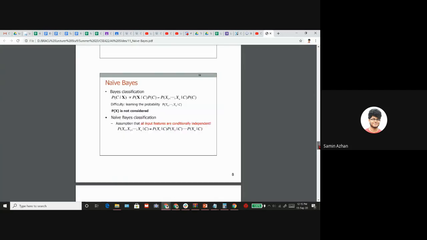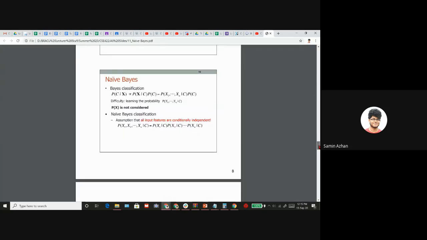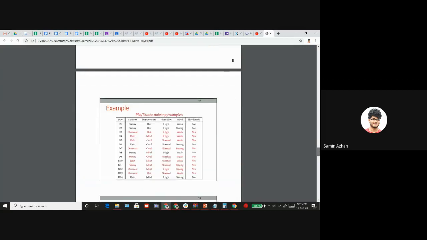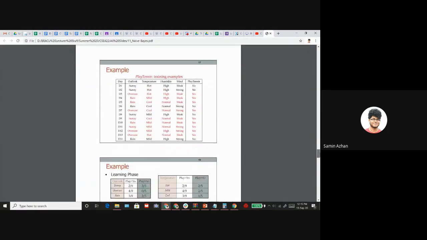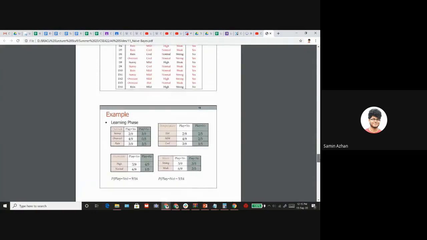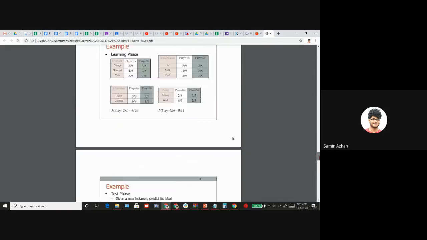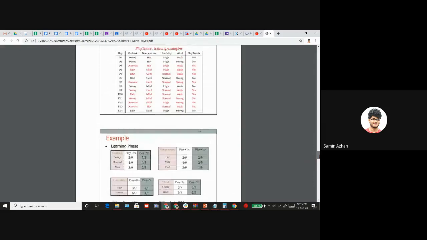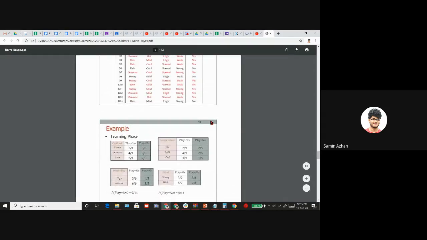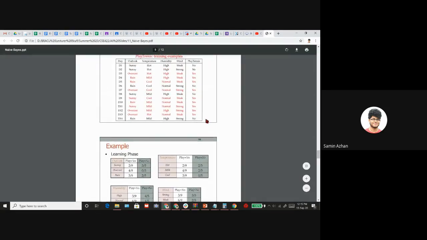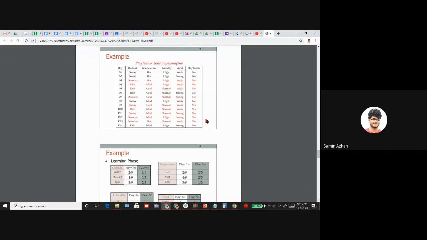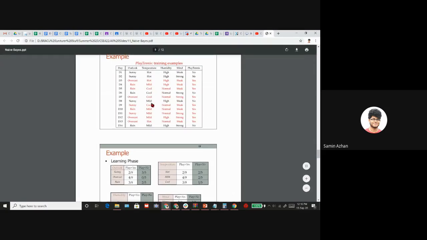So let's look at an example. In this case, this table is given.